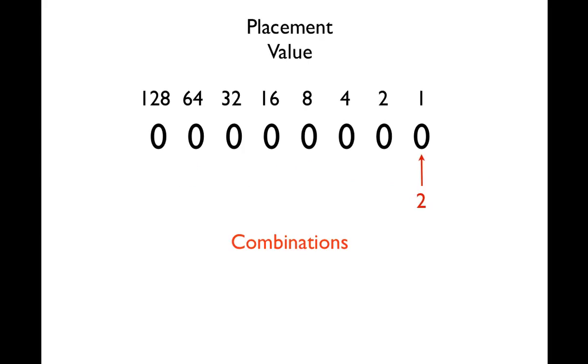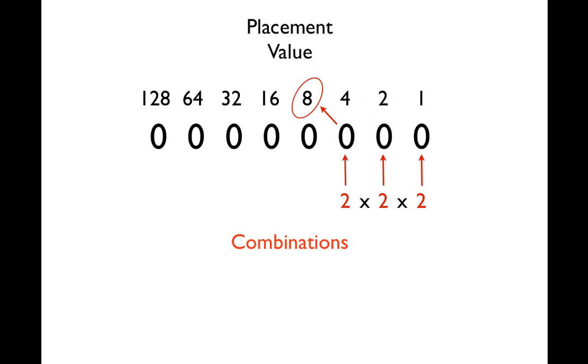Just like in decimal, we have patterns to find out the number of combinations, and if you want to know the number of combinations of a digit, you could always look to the next placement value. And just like we said before, if you look to the next placement value, it should describe the number of combinations of the digits that precede it, which means 1 bit gives me 2 combinations.